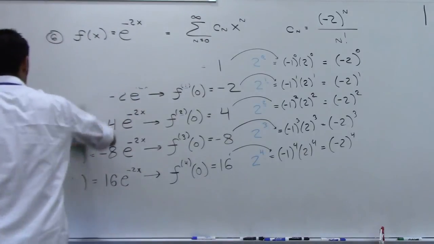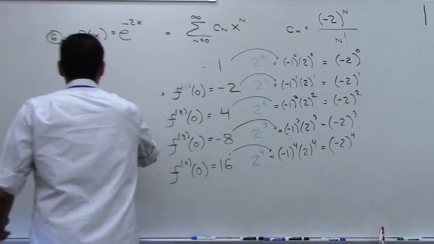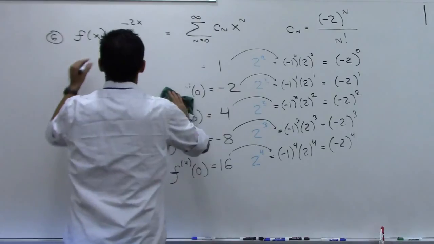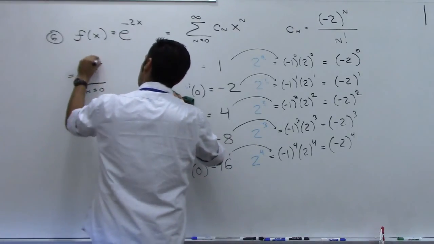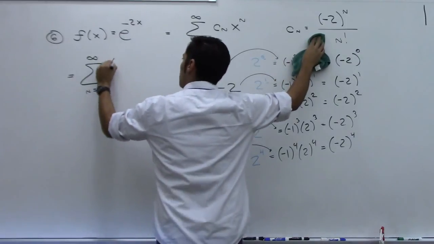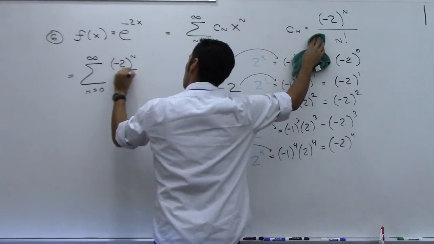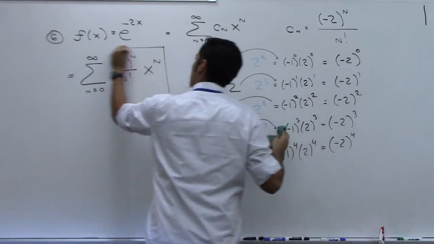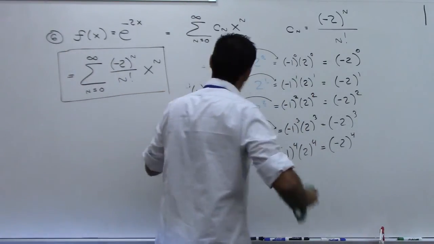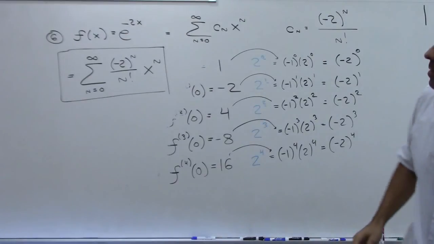So the original function can be written as the power series starting at n equals 0 to infinity of negative 2 to the n over n factorial times x to the n. That is the Maclaurin series for e to the negative 2x.